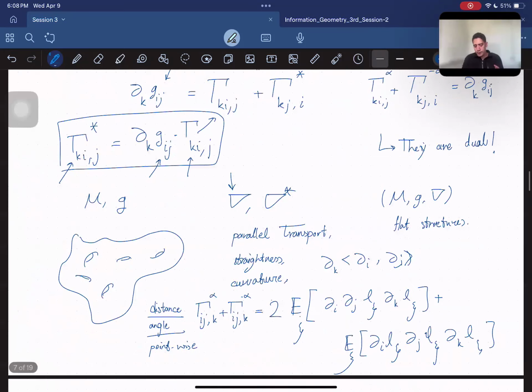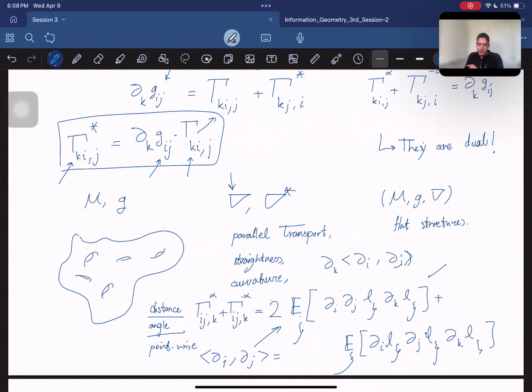So just to give you the high picture, you should consider the inner product as the Euclidean inner product plus some surplus.